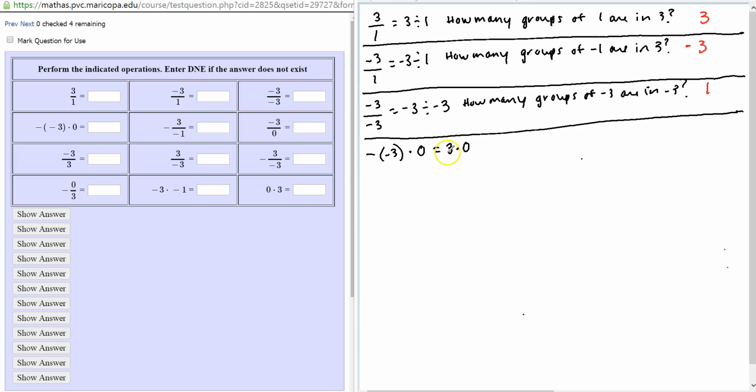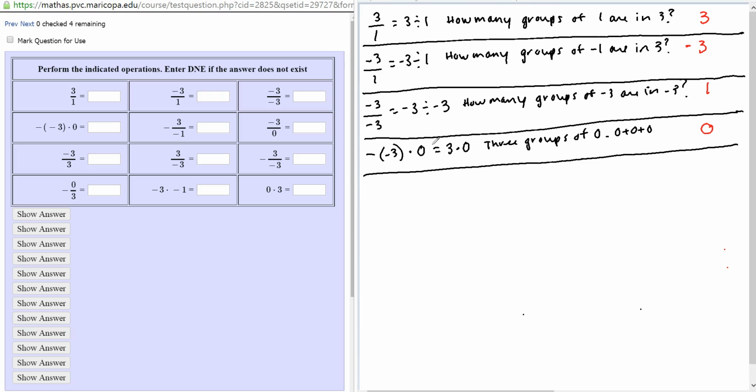And we could think of this as 3 groups of 0, or in terms of repeated addition, add 0 to itself 3 times. Well, the result is going to be 0. So in general, when you multiply a number by 0, your result is going to be 0, whether it's the first number or the second number.